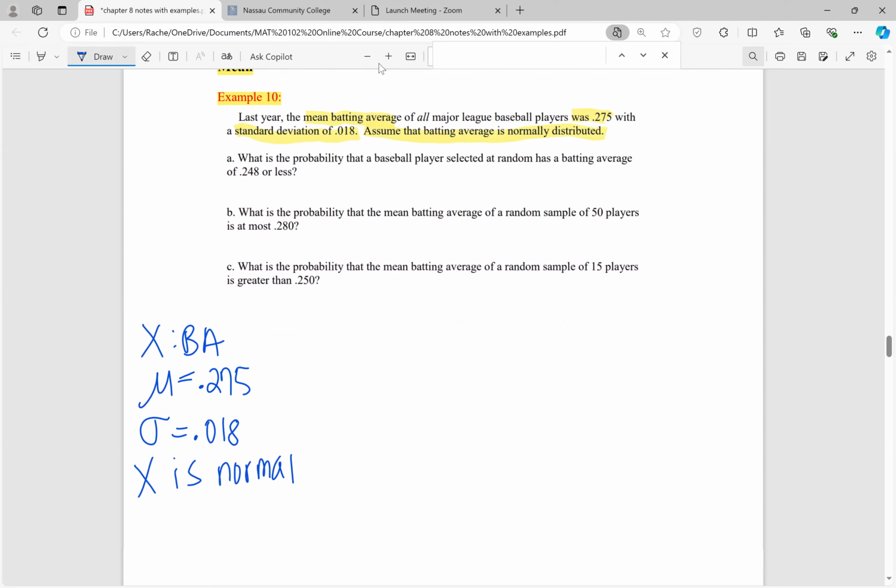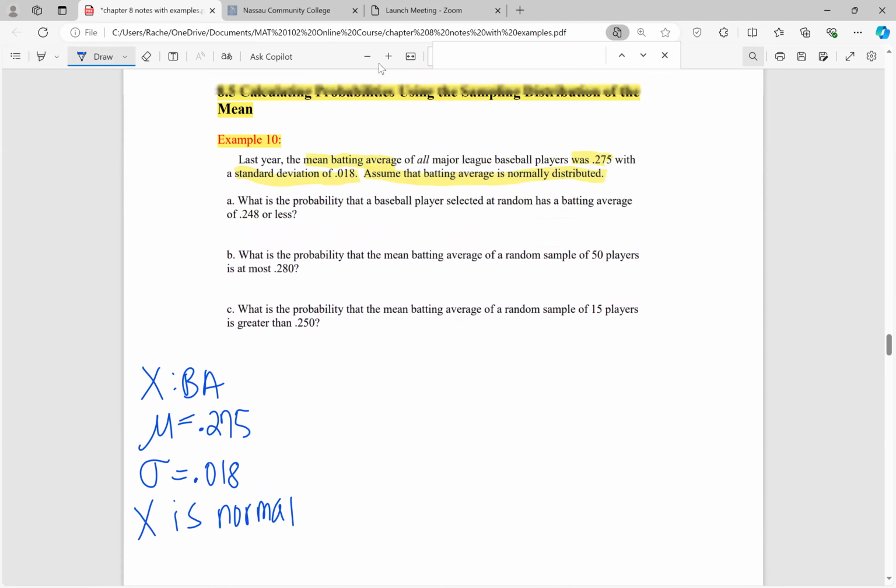Now let's go to the questions. So part A says, what is the probability that a baseball player selected at random has a batting average of .248 or less? So remember what we were doing last chapter. We were rewriting the words in English into mathematical notation.